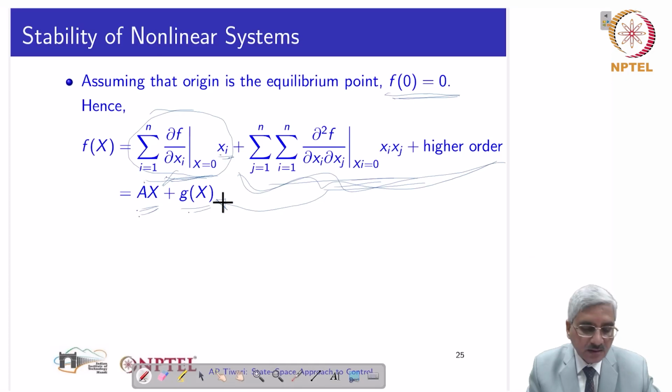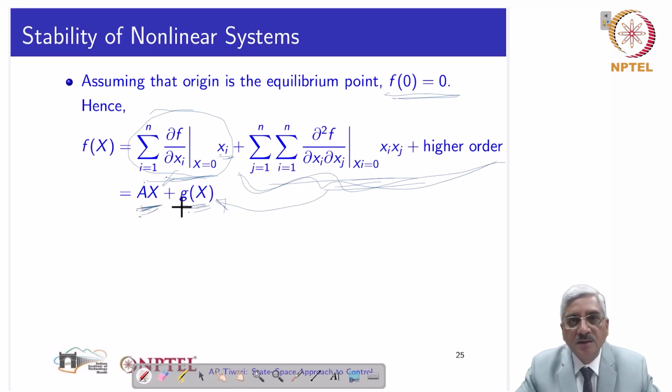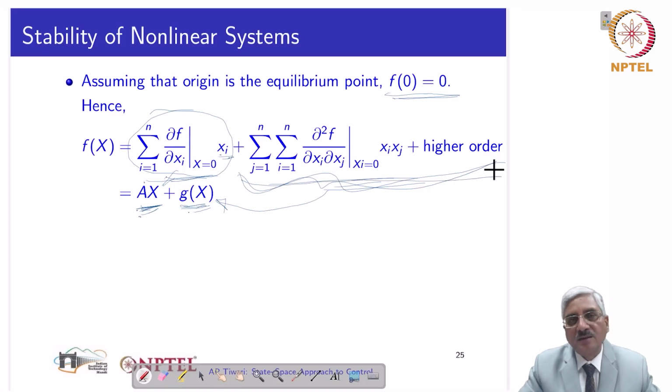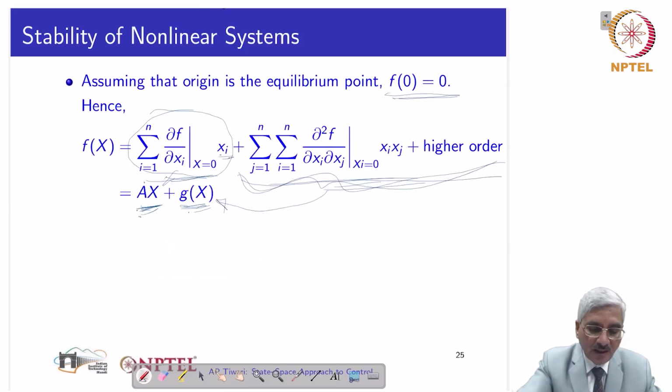So the given nonlinear system f(x) is approximated as a sum of a linear component and a nonlinear component. The nonlinear component comprises the second order partial derivatives and other higher order partial derivatives taken together. So f(x) is approximated as Ax plus g(x), and because x dot was f(x), f(x) got approximated that way.